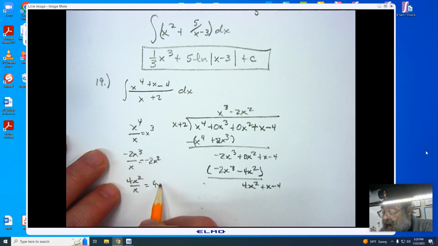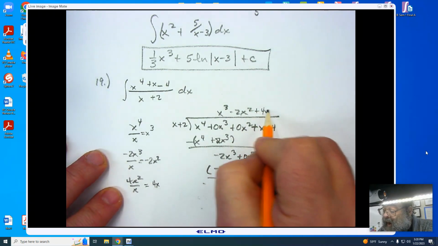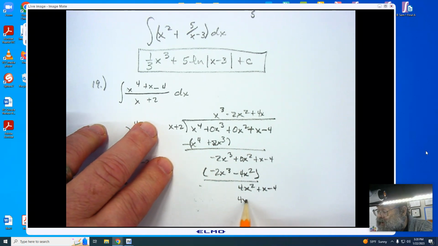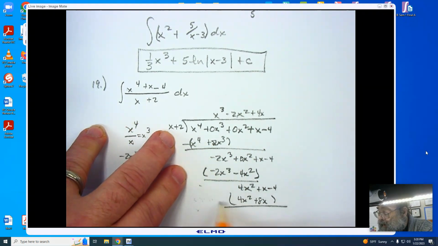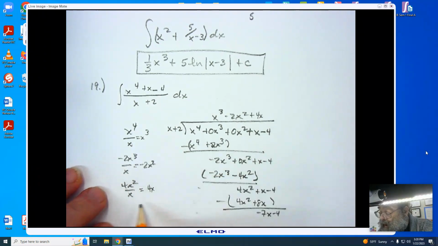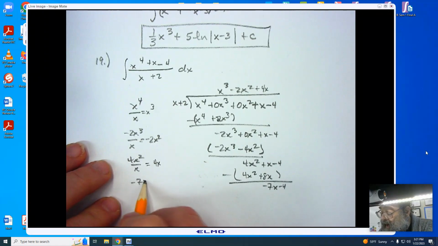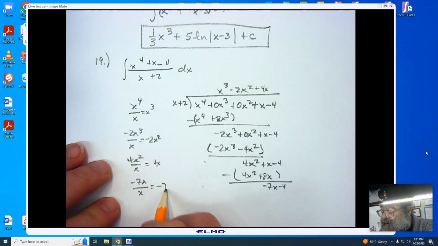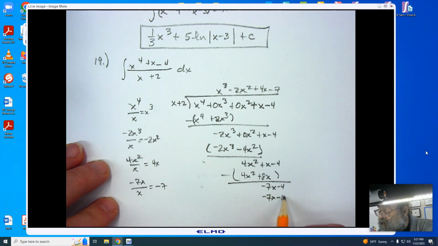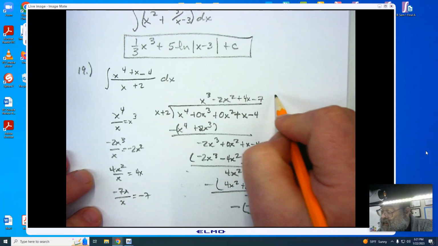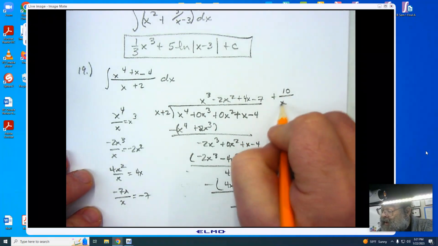We're looking at 4x, distributing 4x squared plus 8x, and we're subtracting. This is giving us minus 7x minus 4. Minus 7x divided by x gives me minus 7. Minus 7 is giving me minus 7x minus 14. We're subtracting, and I'm left with 10. So I have plus 10 over x plus 2.